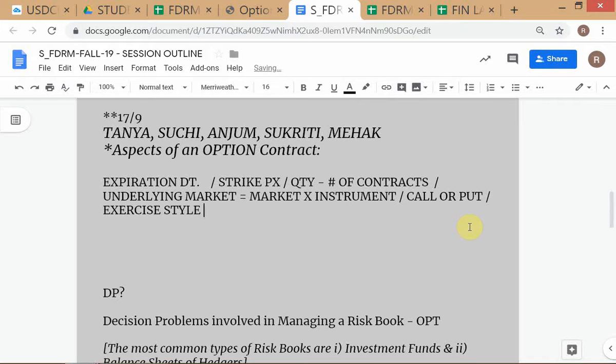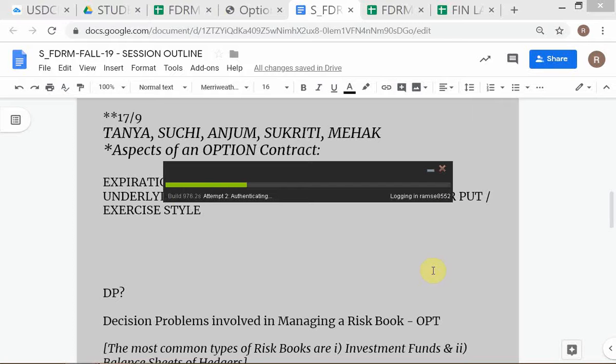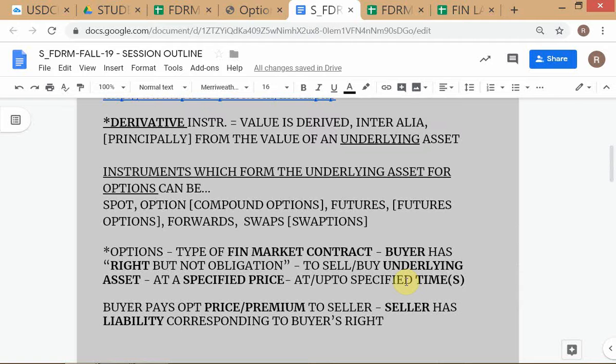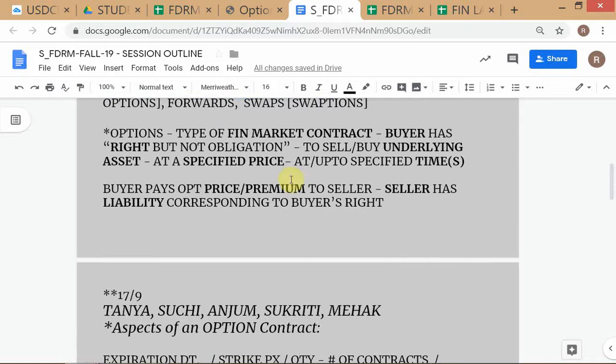When we were defining options earlier, why did I add this kind of convoluted phrase?